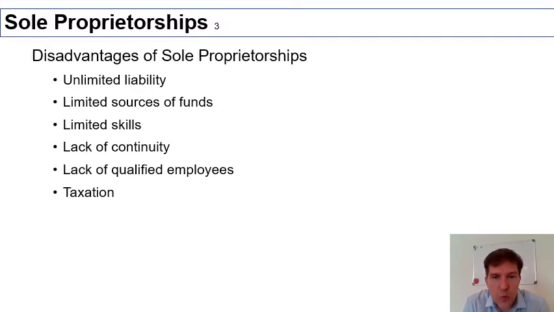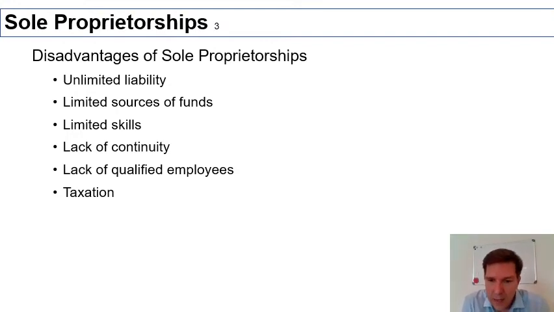But usually, two brains are better than one, assuming that they are not at odds with each other and fighting, right? And so you are limited in skills. Yes, you can hire people, but from a managerial and strategic decision point, it's just you making all the calls, which is good because nobody's going to argue with you. But on the other hand, you might not see everything that there is to be seen or consider all options.